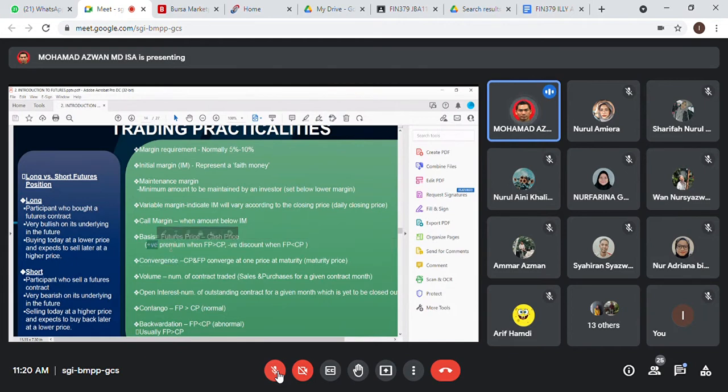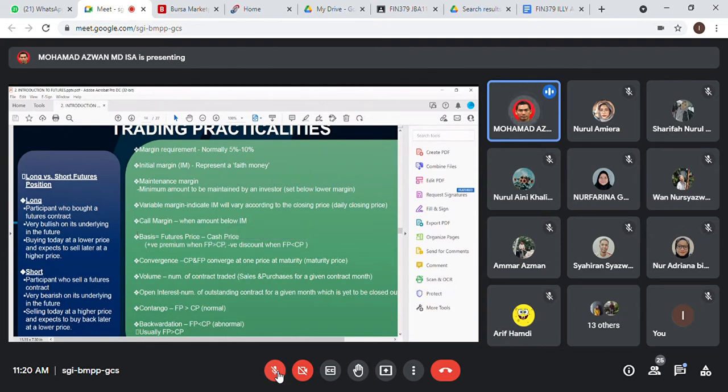Okay, kalau positif panggil dia futures is trading at premium. Okay, if we have positive basis, maksudnya the futures is traded at premium or above cash price.